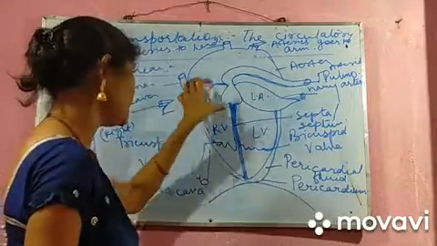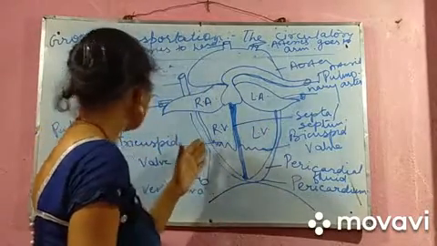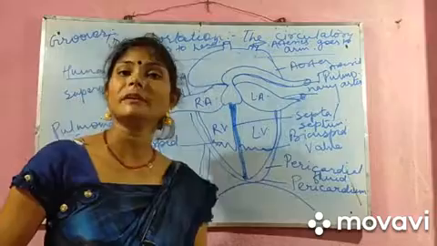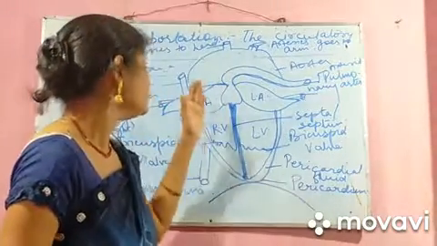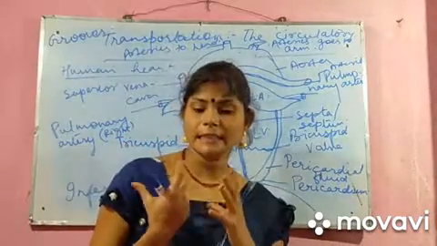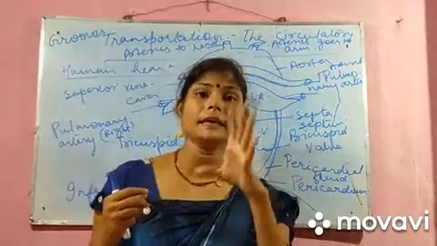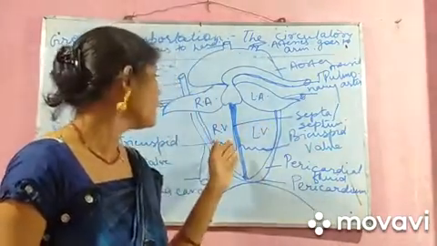In the same way, in every part there is a valve. The walls of the ventricles are much thicker in comparison to those of the atria. The right side of the heart is a little bigger than the left side.